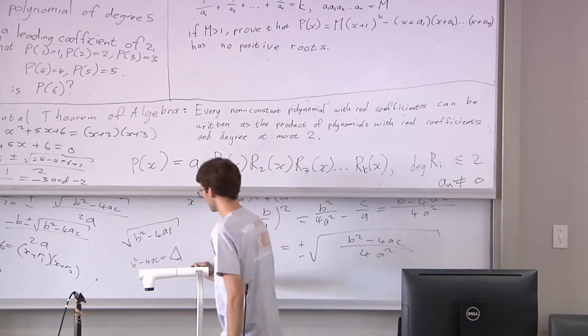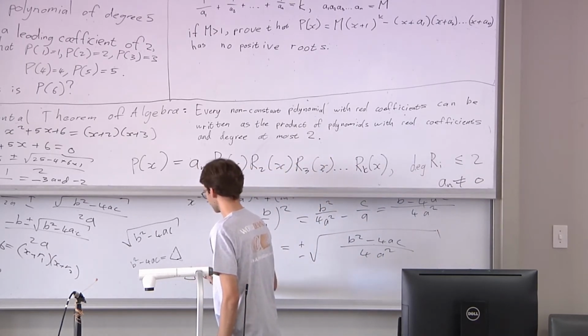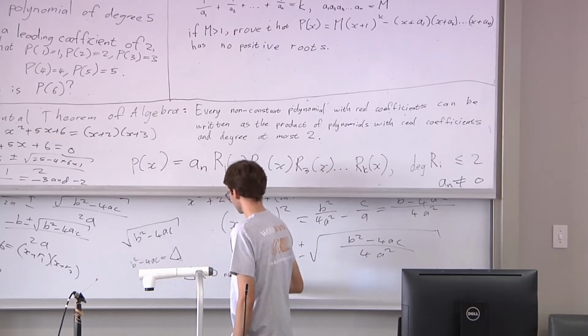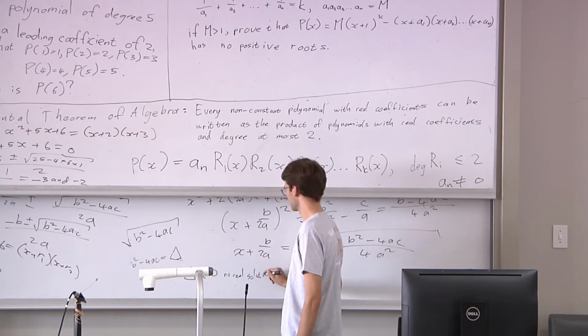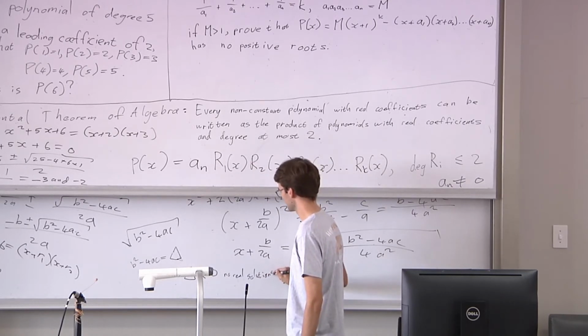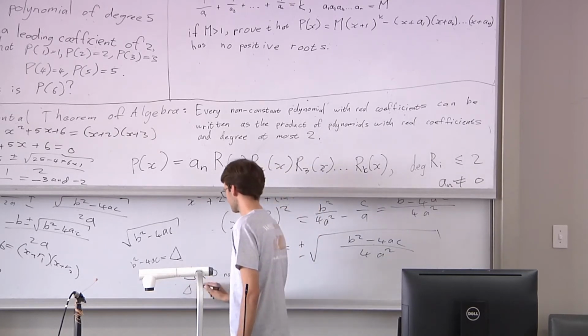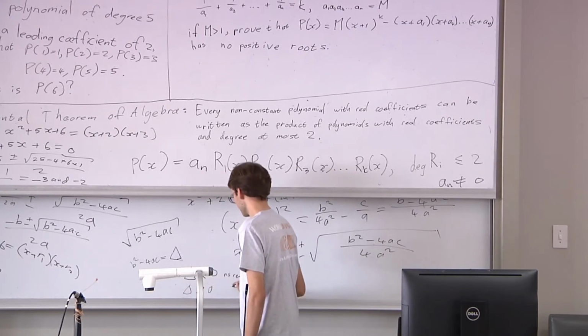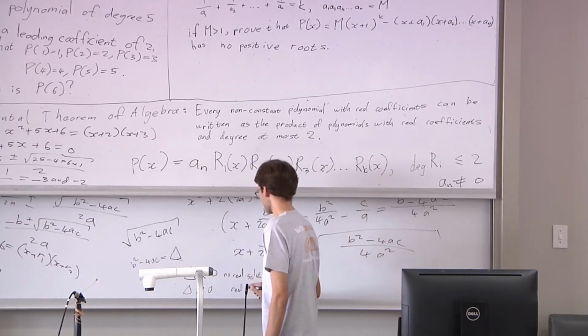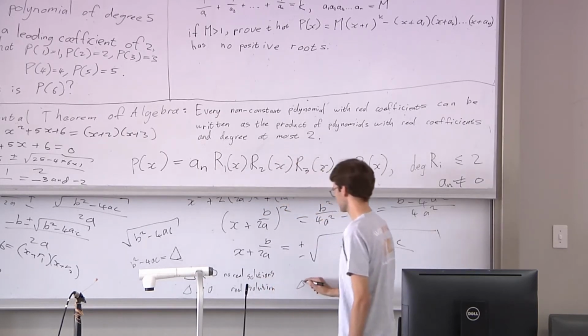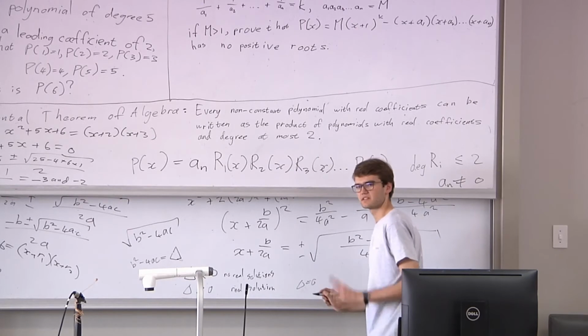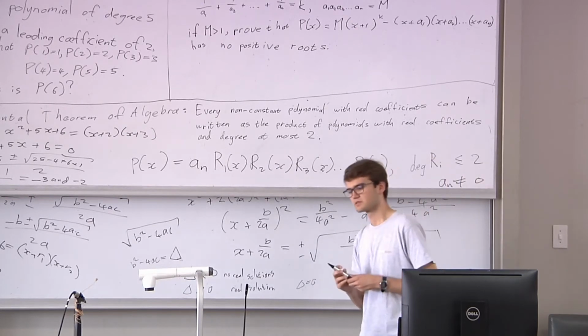So if delta is less than 0, then you have no real solutions. And if delta is greater than 0, you have real solutions. And if delta is equal to 0, you have a single unique real solution.